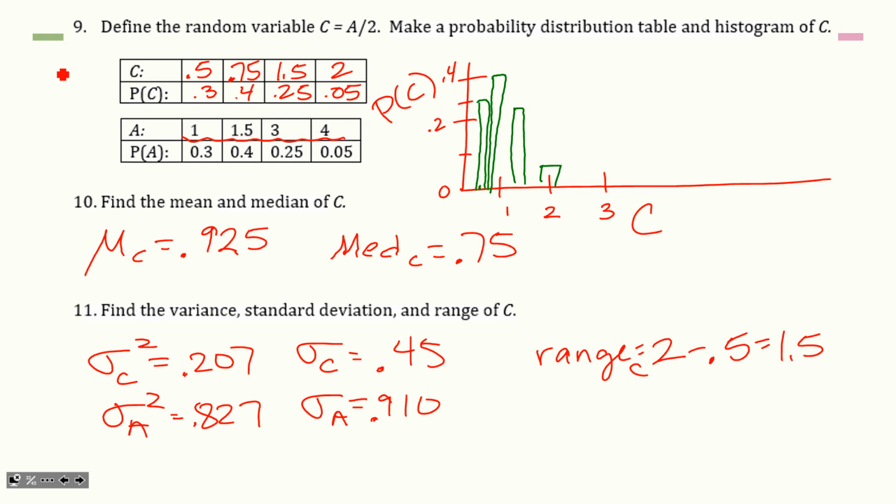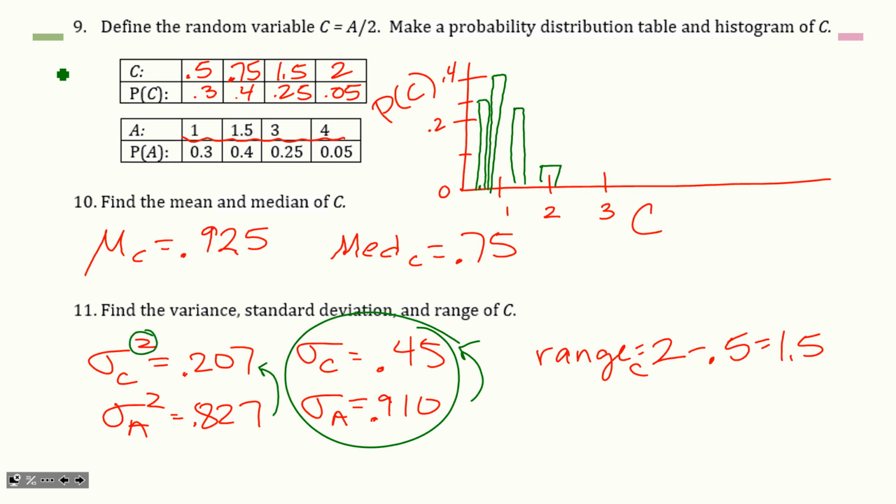So I can see that with my standard deviations, if I take 0.910 and divide by 2, I get the standard deviation of C, right? But when I divide by 2, I do not get this.